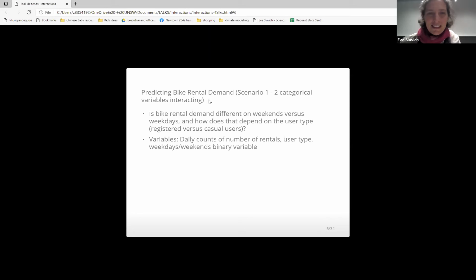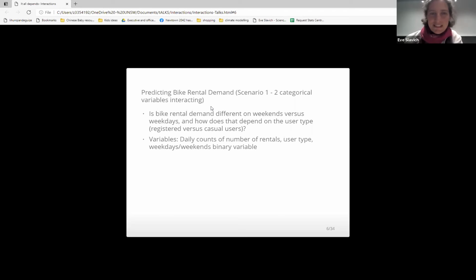In this data set, the variables are like the daily count of bike rentals. So it's like the bikes that you can just rent off the street.